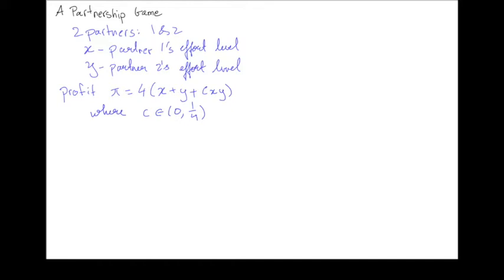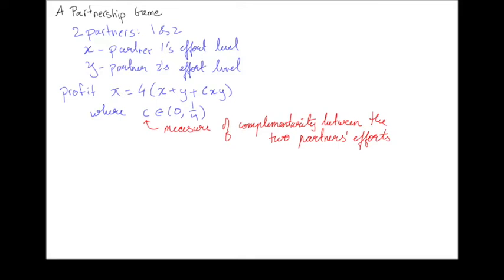It's a measure of the complementarity between their effort levels. Since profit is a function of x and y, let's express pi as a function of x and y. So we'll write pi of x, y as this.